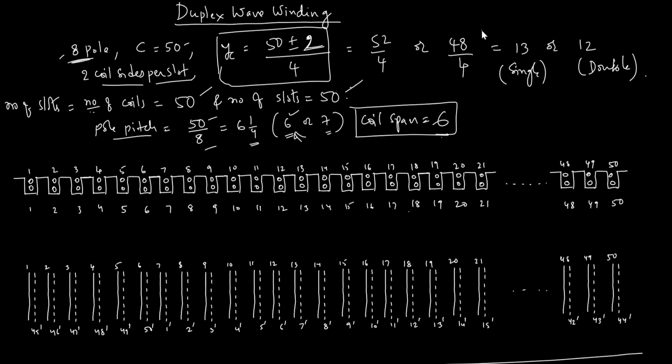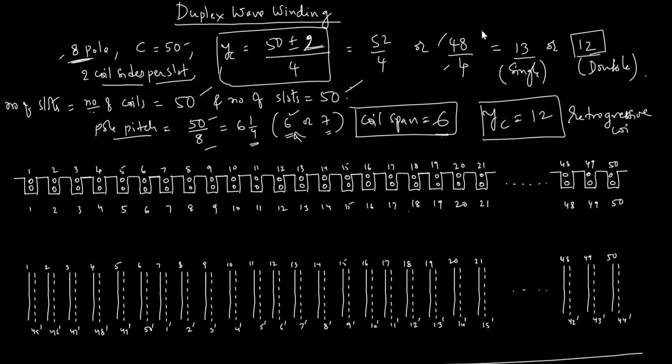So it could be 52 by 4 or 48 by 4, or otherwise it could be 13 or 12. Now in this example we will take YC equals 12, which implies it is a retrogressive winding. Let us see. At the end we will say whether this is a single circuit or double circuit.